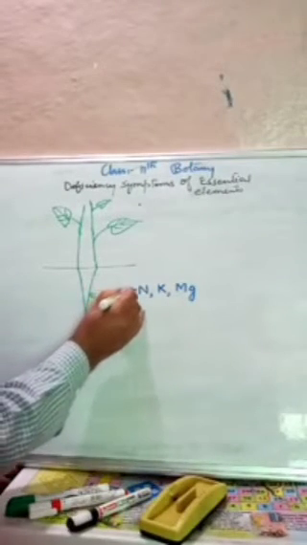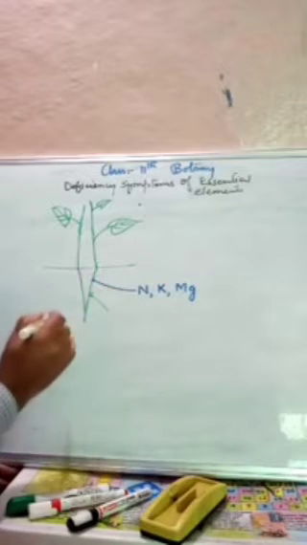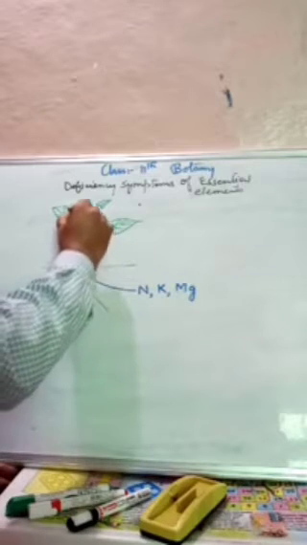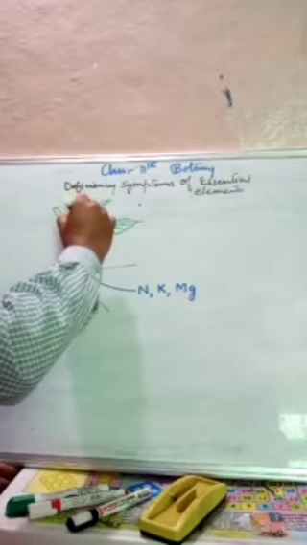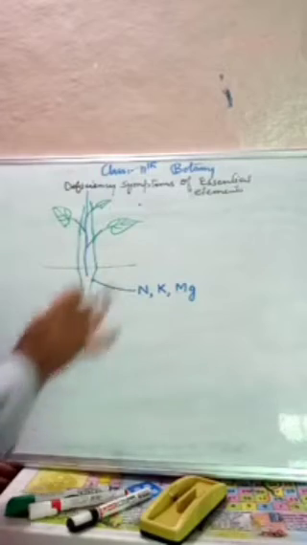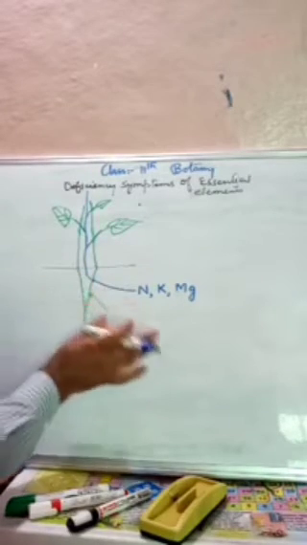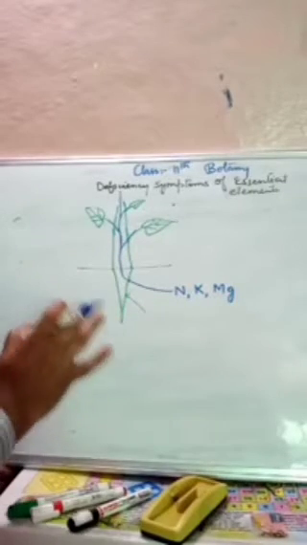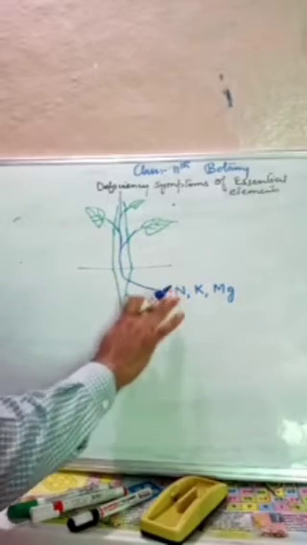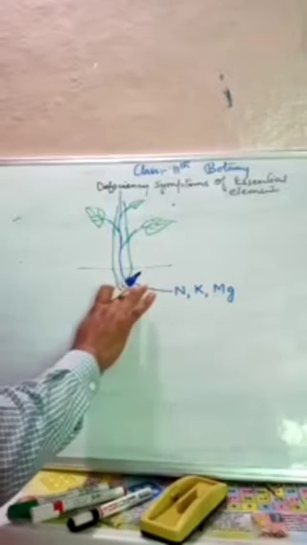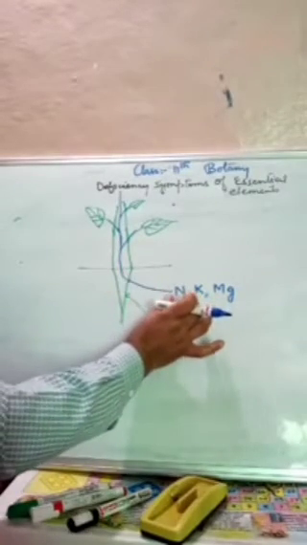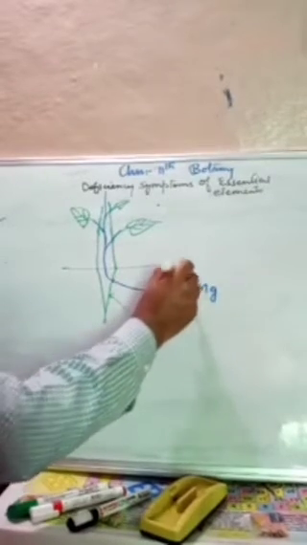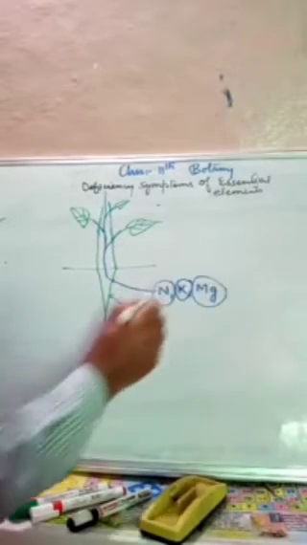These elements are absorbed by the plant and taken first to the older parts, then to the younger parts, to all parts of the plant, and this process remains continuous. But when the supply of these elements is stopped, that is, the soil is deficient in nitrogen, potassium, and magnesium.